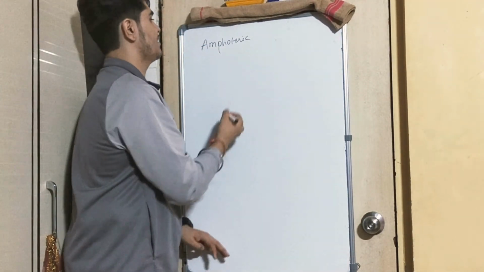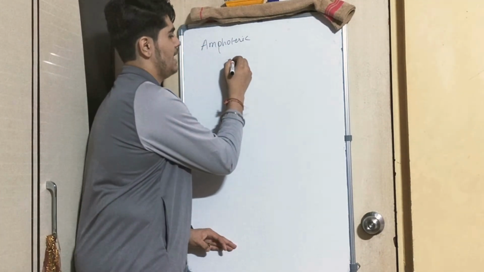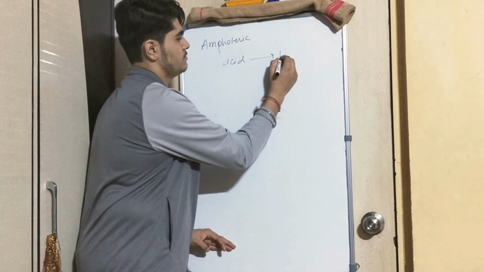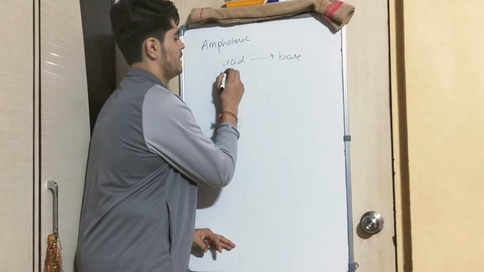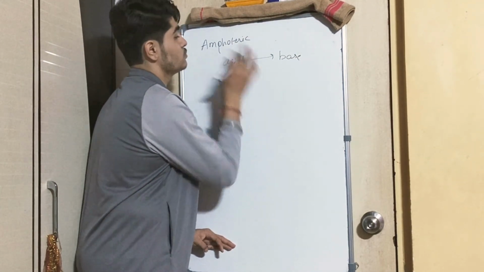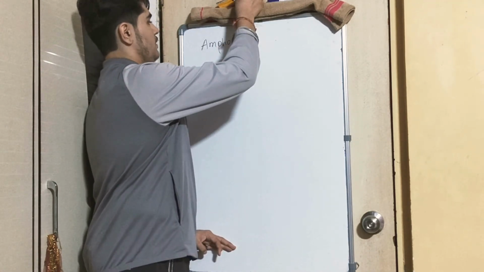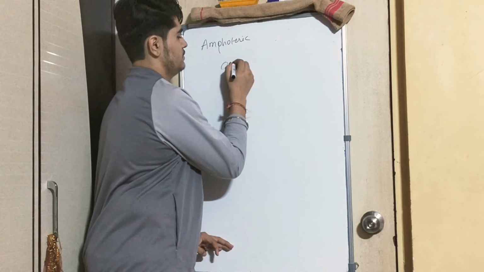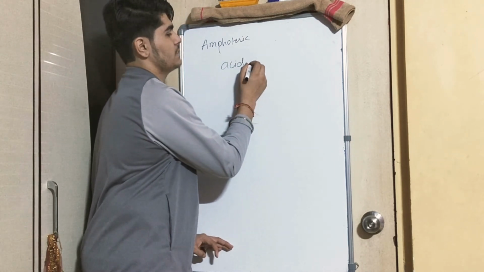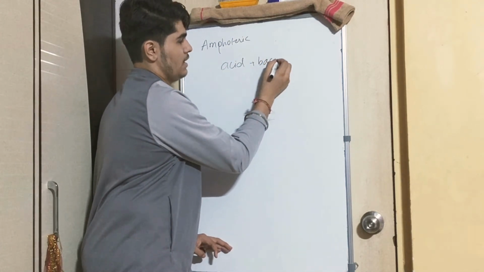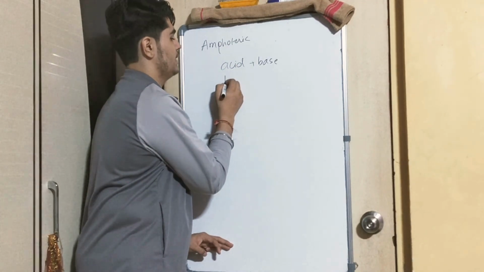Amphoteric means it acts as an acid when it reacts with base, and it acts as a base when it reacts with acid.